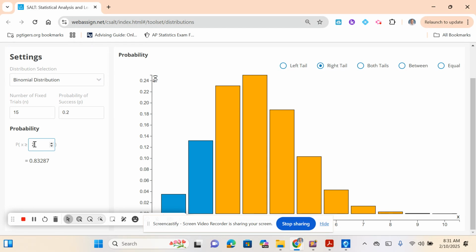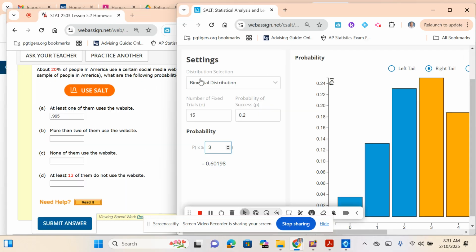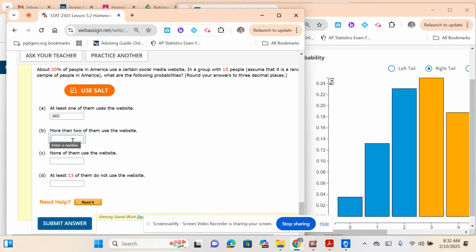No. So this is wrong, because 2 does not need to be included. I need to go one above that, because more than 2 would be 3 and above. So you put 3 there, and you get 0.602.